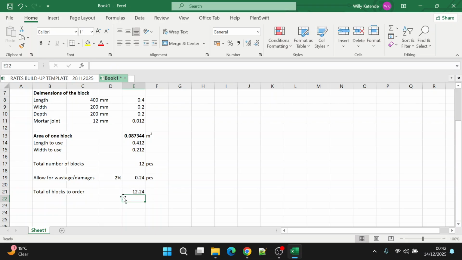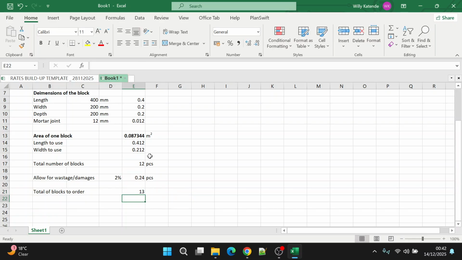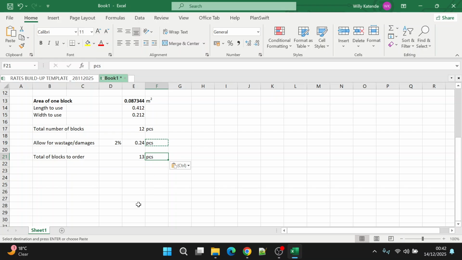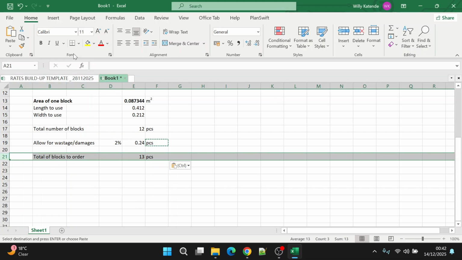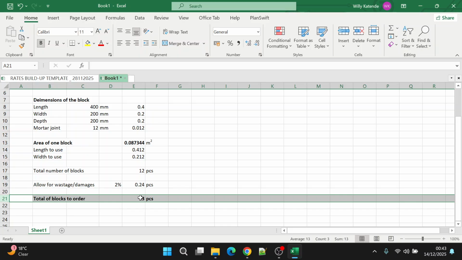So you can also round this up, because you can't get a 0.24, this will be like a proportion of a block. So you just need to round this up to 13. So you need approximately 13 pieces of hollow concrete blocks for 1 square meter. So this should be your magic number.